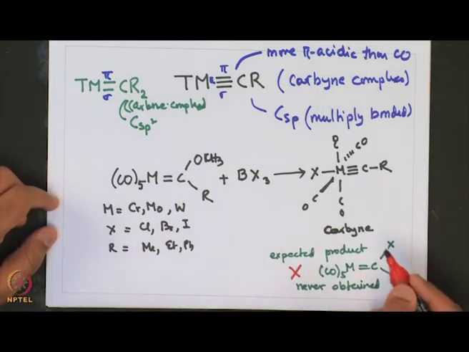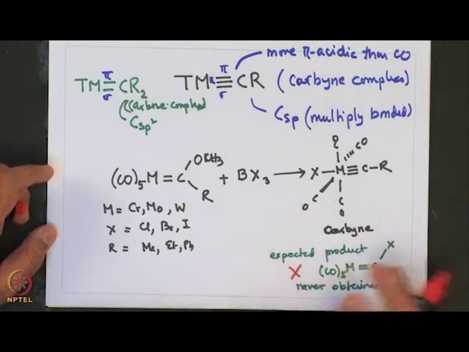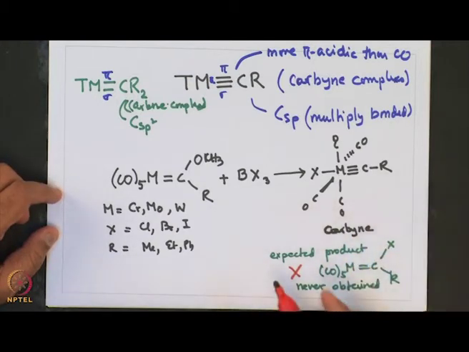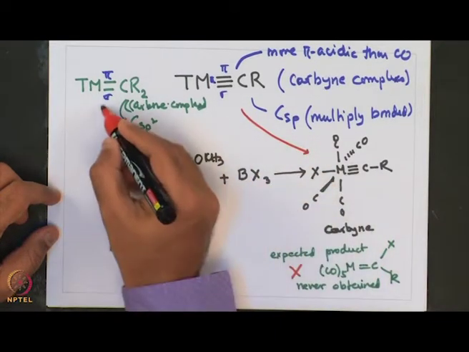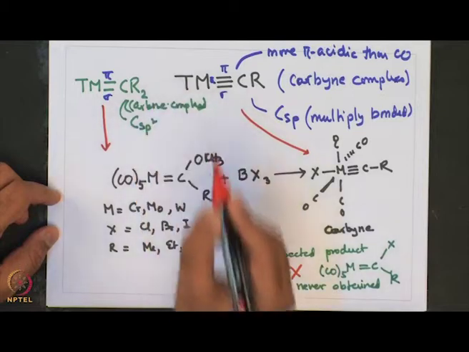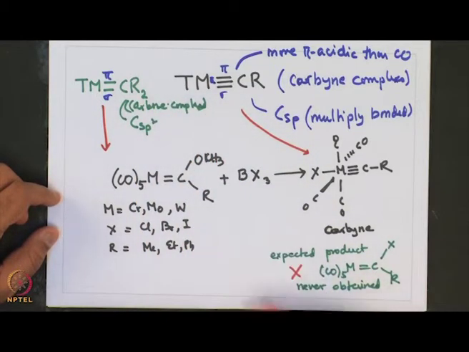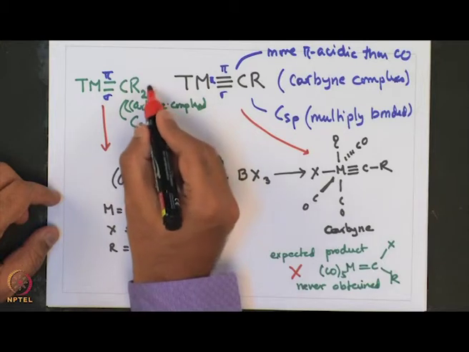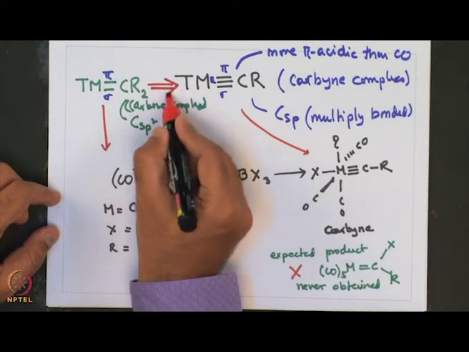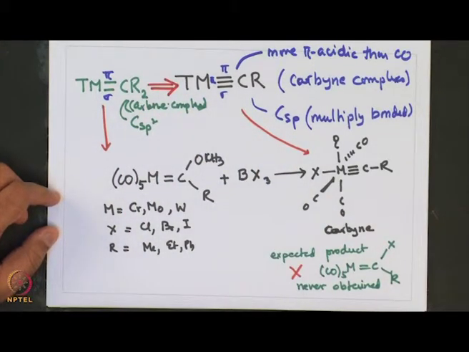Now, if we analyze this development of the synthesis of carbyne complexes, what comes to the fore is that this carbyne complex was indeed obtained from a carbene complex. So, the first method, which is a serendipitous discovery for making the carbyne complex, was indeed initiated from the carbene complex, which got transformed to the carbyne complex.